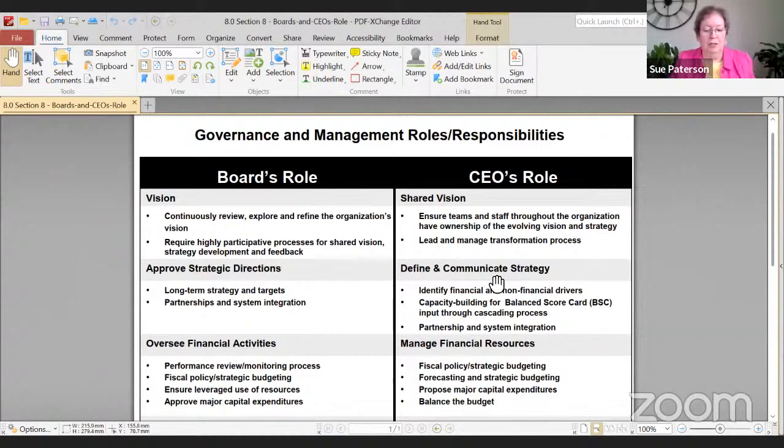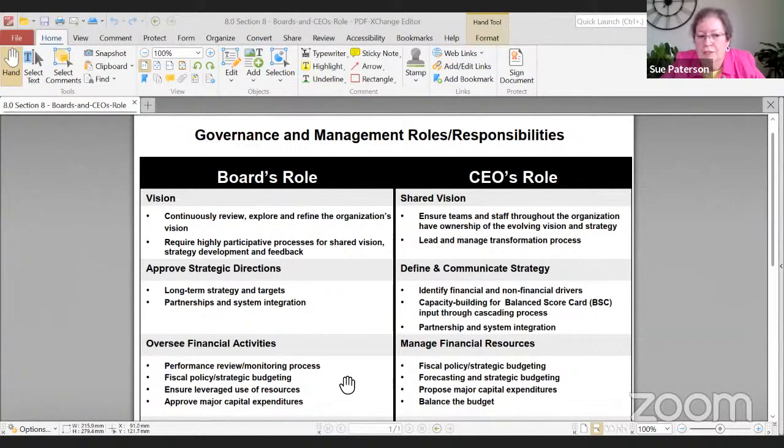The second one is the board's role to approve the strategic directions, which includes long-term strategy and targets and partnerships and system integration. The CEO's role for strategic directions is to define and communicate. That includes identifying financial and non-financial drivers, capacity building for a balanced scorecard, the input through a cascading process, and partnership and system integration.